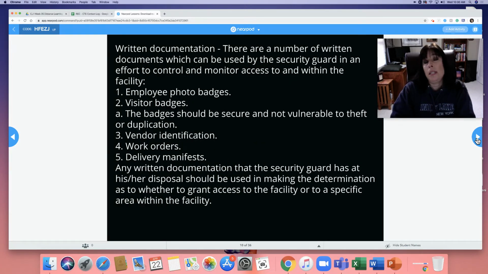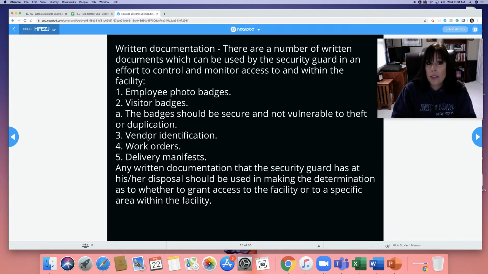Written documentation. There are a number of written documents which can be used by the security guard in an effort to control and monitor access to and within the facility. Employee photo badges, visitor badges. The badges should be secure and not vulnerable to theft or duplication. Vendor identification.